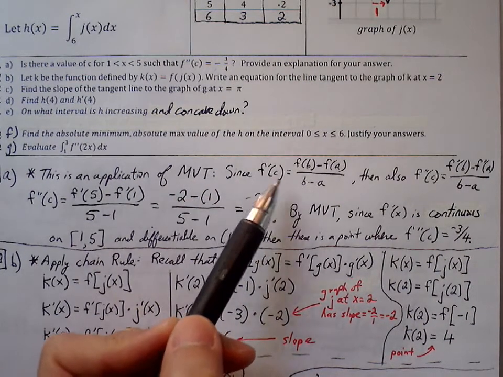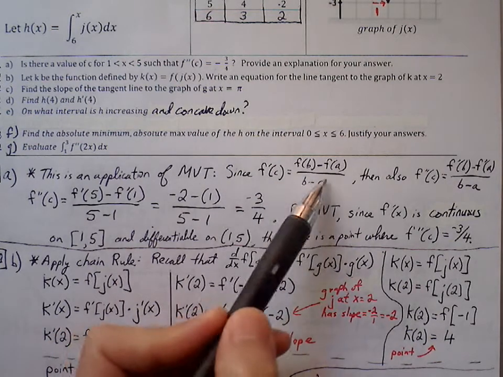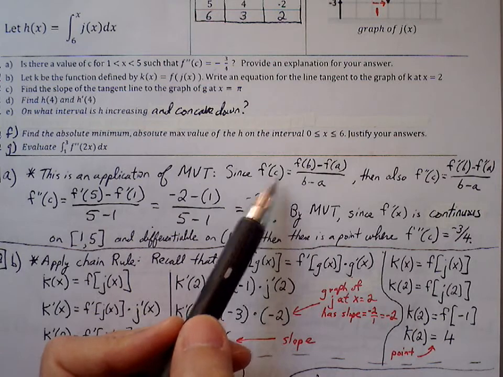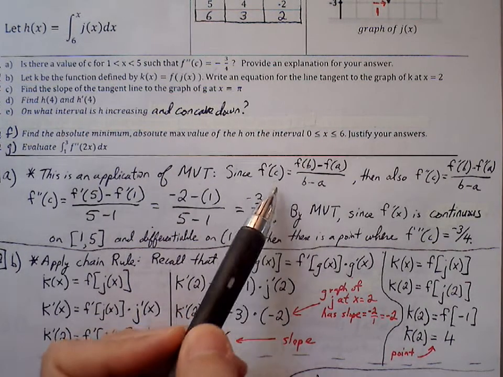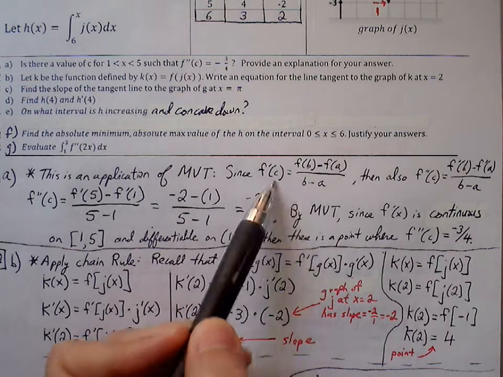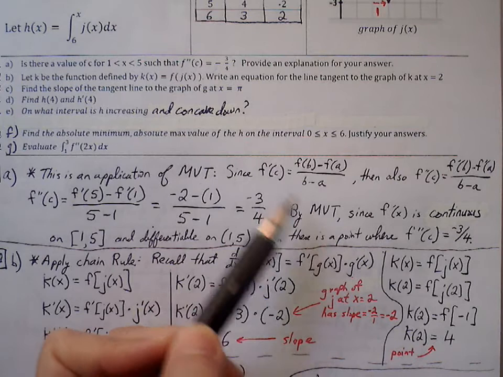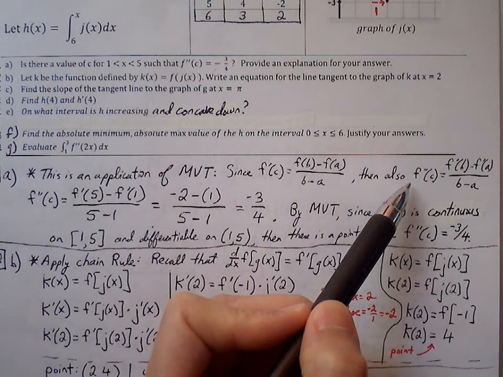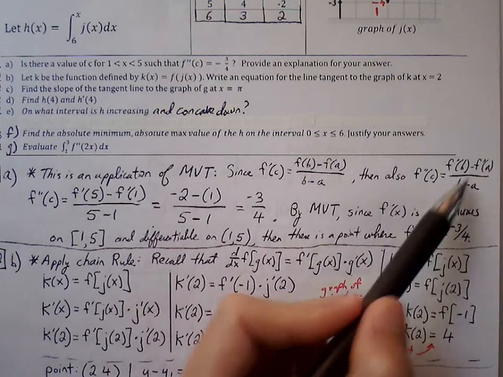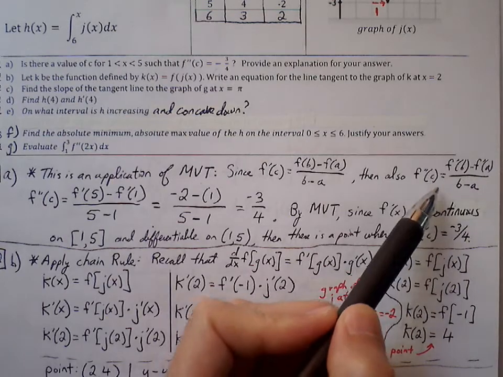So if I'm given order pairs for f of b and f of a, or my f of x, I can guarantee a slope off the f of x graph by setting f prime equal to the slope between the endpoints. Now we can also adapt this one derivative down, meaning that if I want to guarantee a second derivative value, I can take the slope between the endpoints of f prime and achieve that as well.